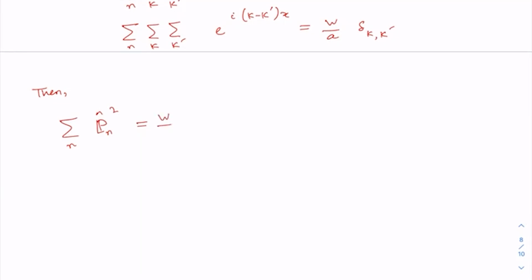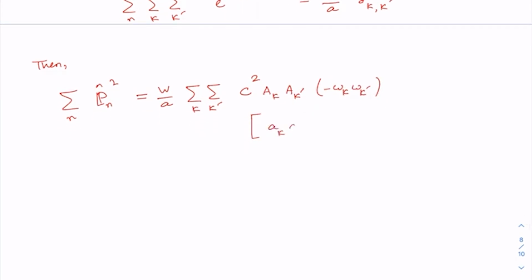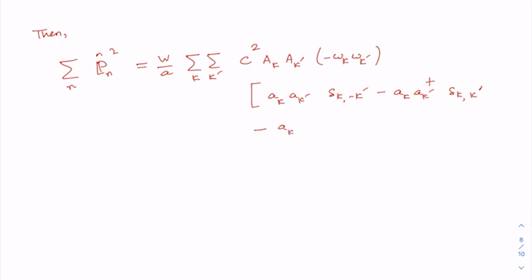You will get N by a summation over k and k dash of C square times minus omega k omega k dash, and here you will get ak ak dash delta k plus k dash, minus ak dagger ak dash delta k minus k dash, minus ak ak dash dagger delta k minus k dash, and finally plus ak dagger ak dash dagger delta k plus k dash.